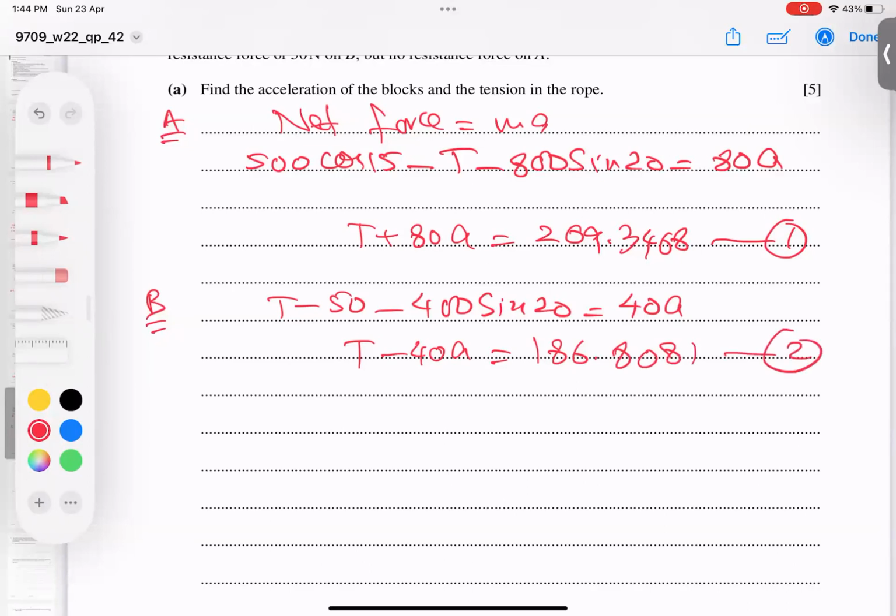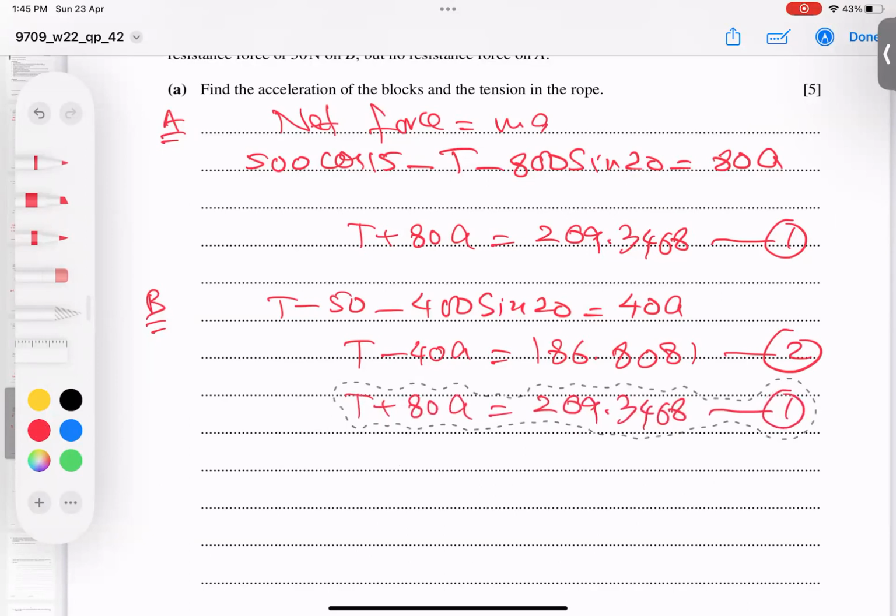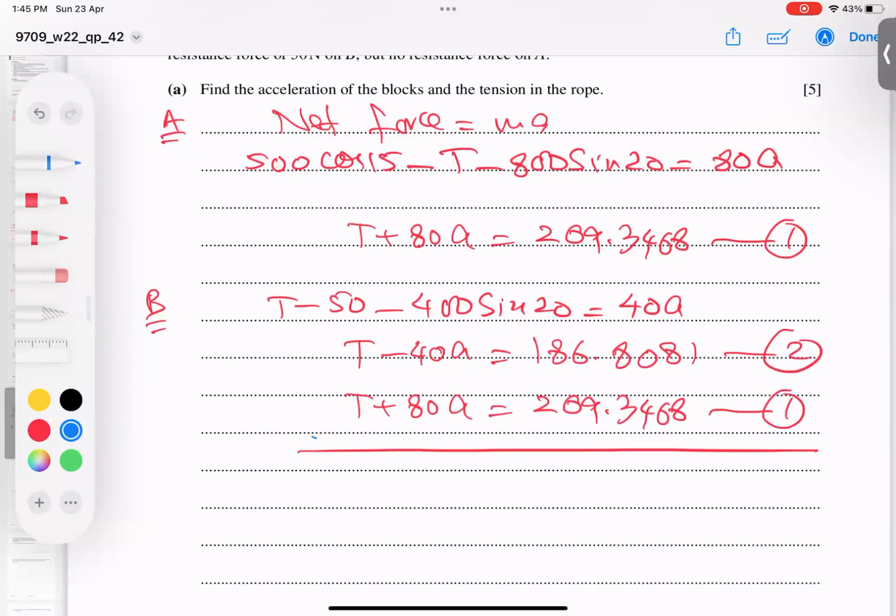Now just solve it. This equation, I copy and bring here and paste. So we can see here I'm bringing equation number one, and it's just a matter of solving. Signs change, this will cancel out, and I get negative 40a, negative 80a will become negative 120a. And from here, 269.3468.